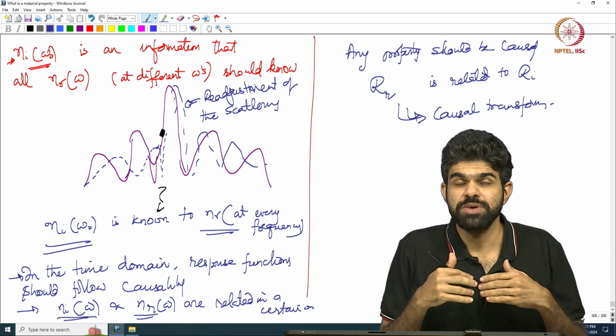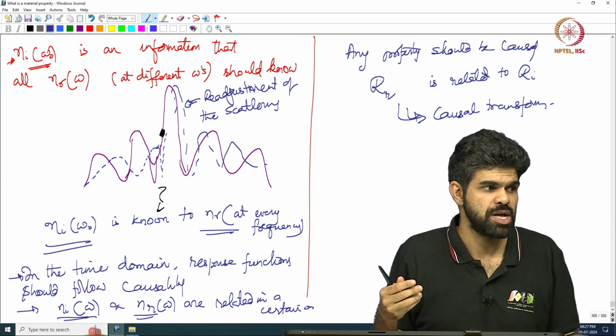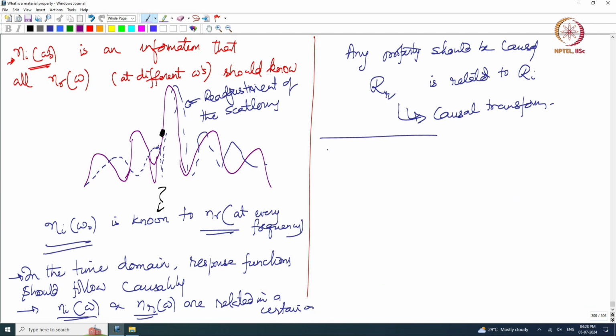But to preserve causality, the property should follow some sort of causal transform. Okay. So now let me ask the question, what is a causal transform? This is also called the Hilbert transform.